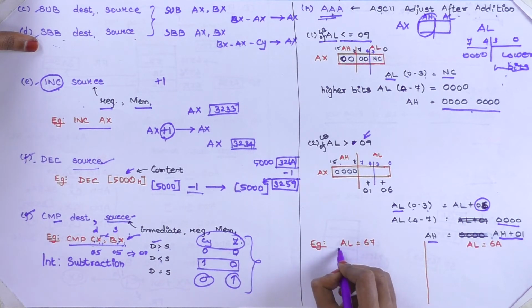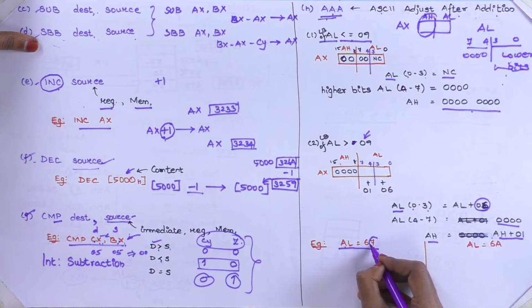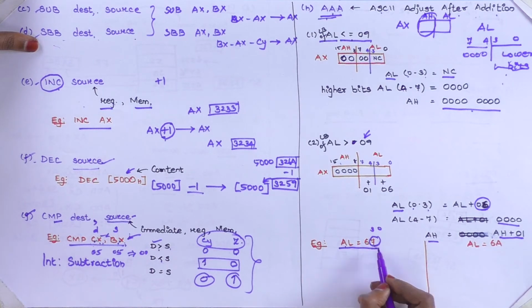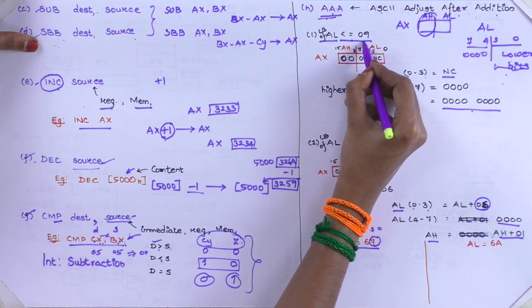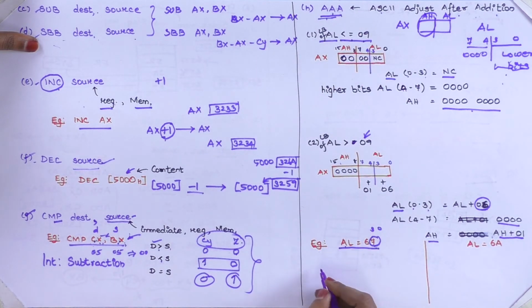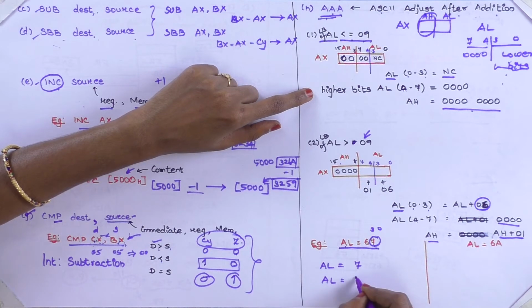Consider that the AL value is 67. Here the lower bits of the AL register, bits 0 to 3, hold 7. This 7 is less than or equal to 9. At that time, if we use this AAA instruction, the lower bits of AL will have no change, so it will be 7, and the higher bits of AL will become 0.